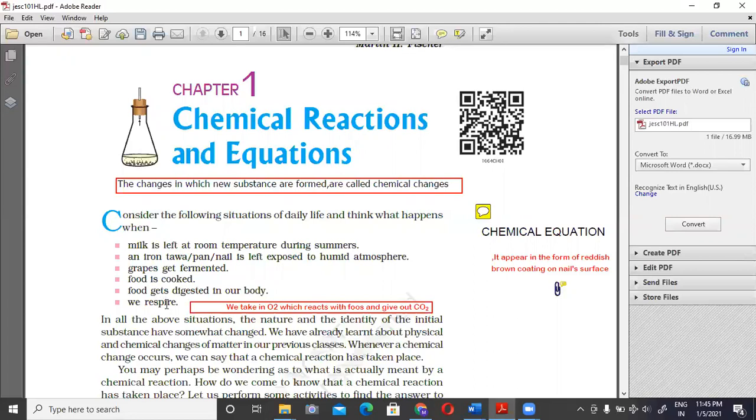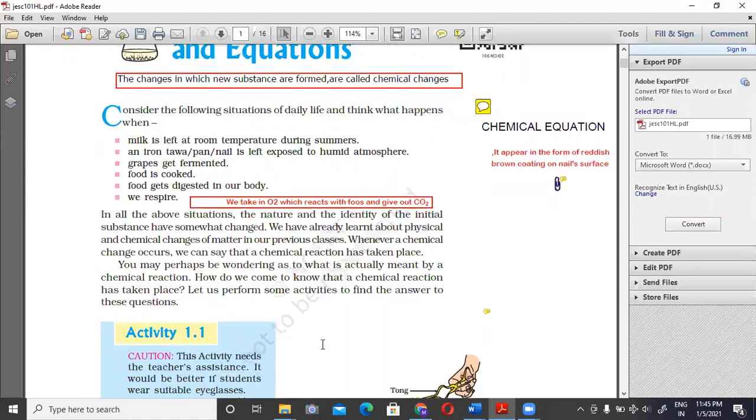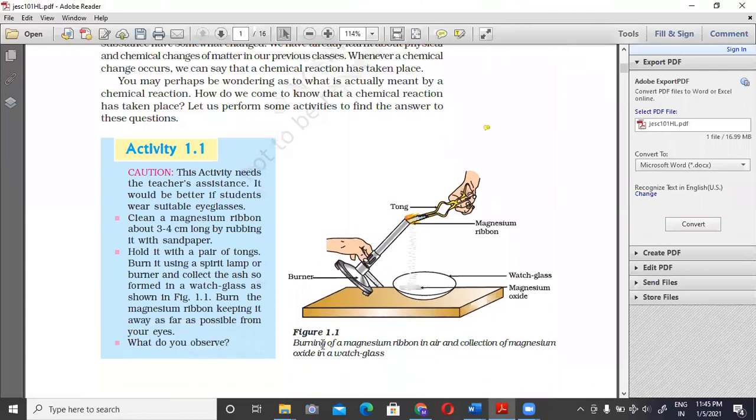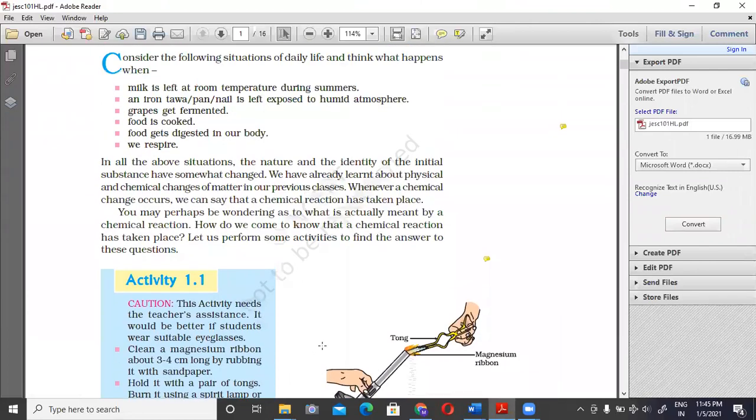So it is also an example of chemical change. Food gets digested in our body. It is an example of chemical change. We respire. We take in oxygen which reacts with our food and give out CO2, carbon dioxide. So it is also an example of chemical change.